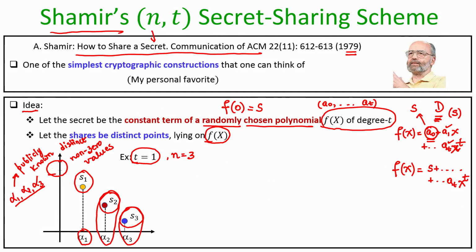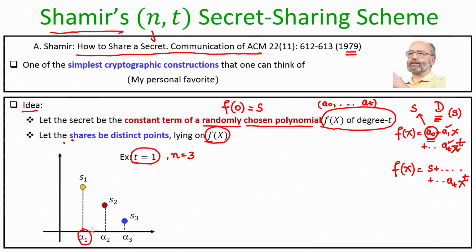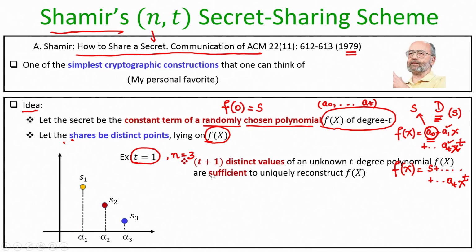Now, let us see why this constitutes a valid n comma t secret sharing scheme. Remember, I am considering the case where n is equal to 3 and t is equal to 1. The reason it constitutes an n comma t secret sharing scheme is because of the following two facts.